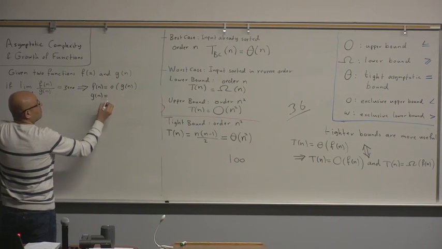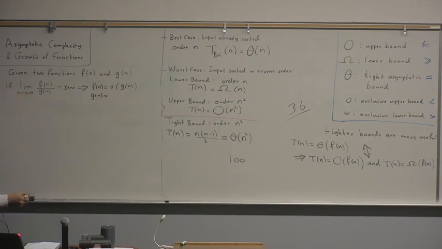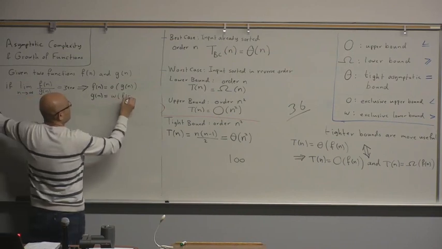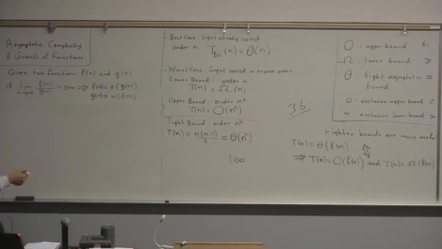Or you can say that g(n) is greater than, so g(n) is omega of f(n). Right? What else is true? What other statements can you make using the asymptotic notation here? Can we apply the big O?